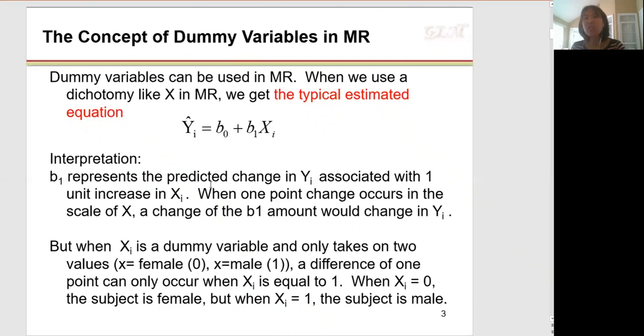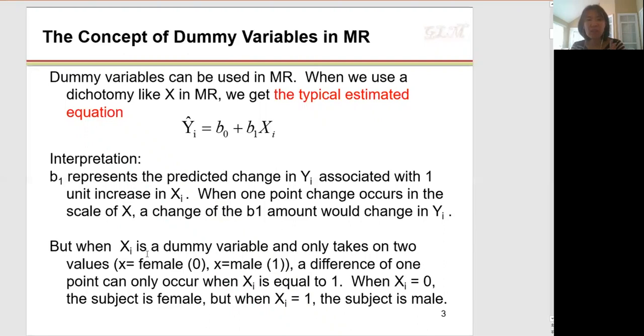So B1 is the unstandardized coefficient. Do you remember that? Okay, so if 1 point change occurs in X, then a change of B1 would occur in Y.